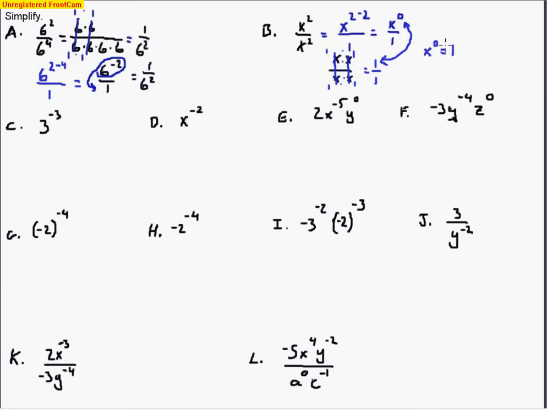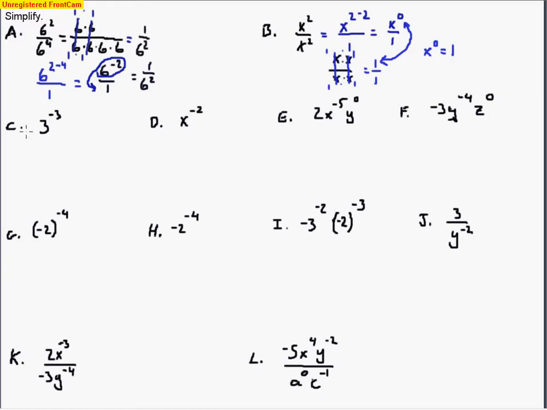No matter whether it were a negative number, and we'll see an instance like that, or if it were a positive number or any kind of number that we have, anything to the 0 power is just going to end up being 1. So let's take a look at this example here, letter C. And we have 3 to the negative third power. Well, we're going to use the rule with negative exponents.